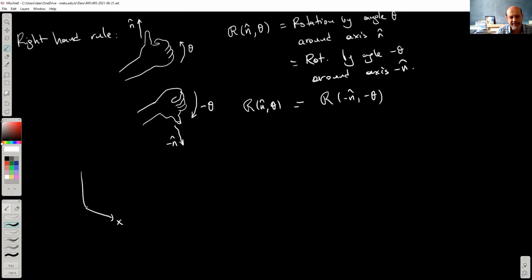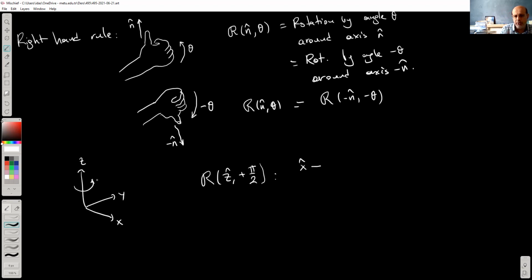Okay, so it's just an example, right? So that's the x-axis. This is the y-axis. This is the z-axis. So think about the rotation around the z-axis by 90 degrees, right? Plus pi over 2 radians. I'm just going to show all the angles by radians. So that's the natural unit, remember. So in that case, this one is just a rotation around this z-axis.